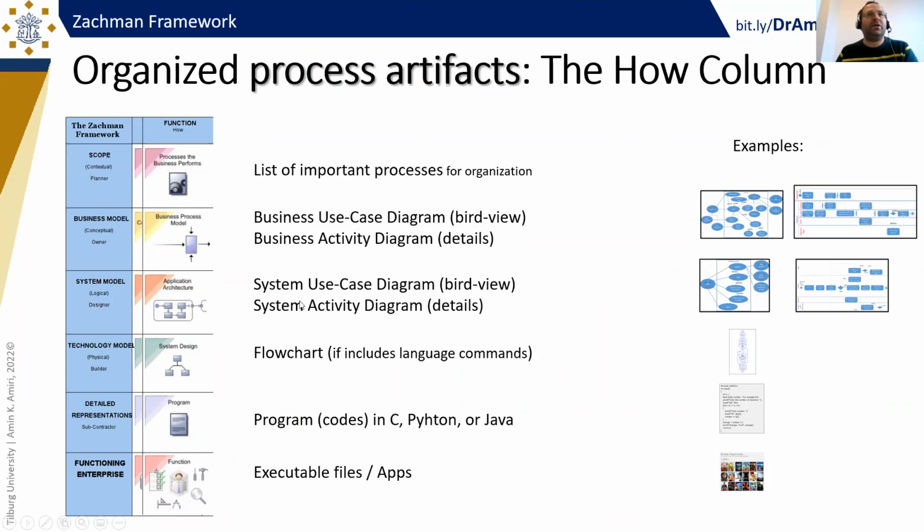And we have system diagrams and system activity diagrams. So we start with this, we turn that into business diagrams. In the business diagrams, we remove all manual activities so that we can have the system diagrams. And then the system diagrams are turned into flowcharts, and flowcharts are turned into programs. And then you have the apps where you can work with it.